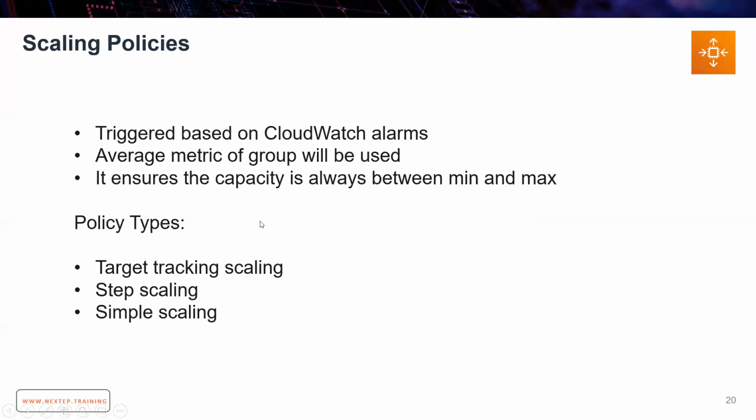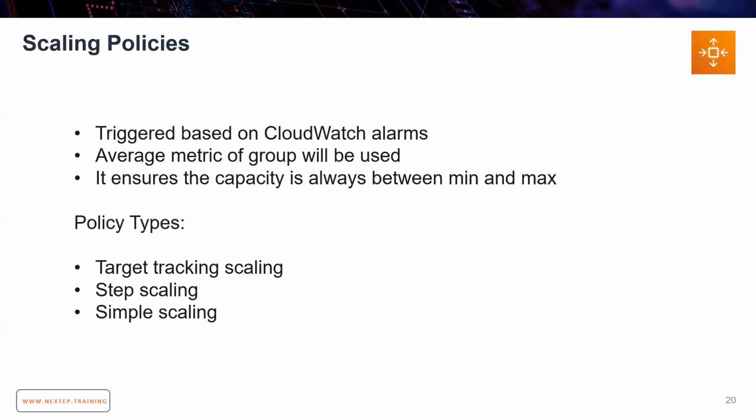And policy types, the first one is target tracking scaling. This is nothing but a simple number like a thermostat, like an average CPU utilization of 40%. Once it goes above 40%, it will add EC2 instances, and it will always make sure that the average is 40%.